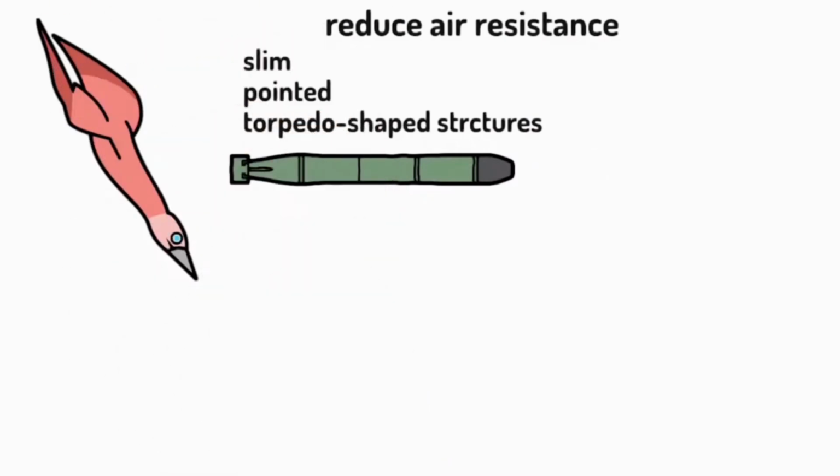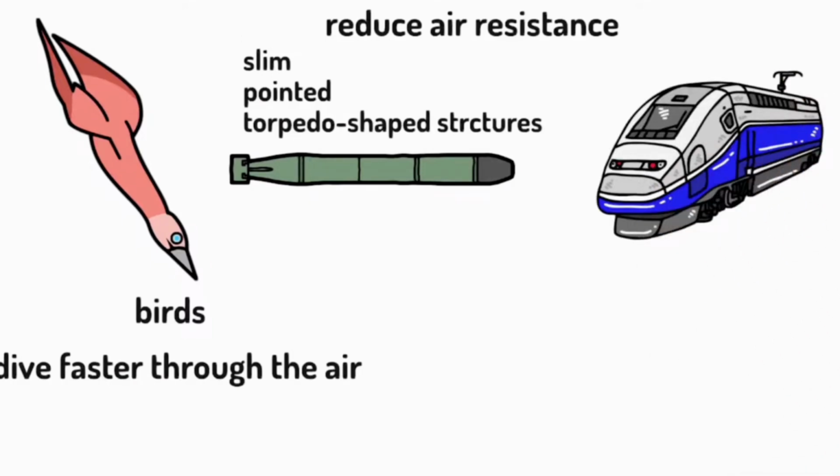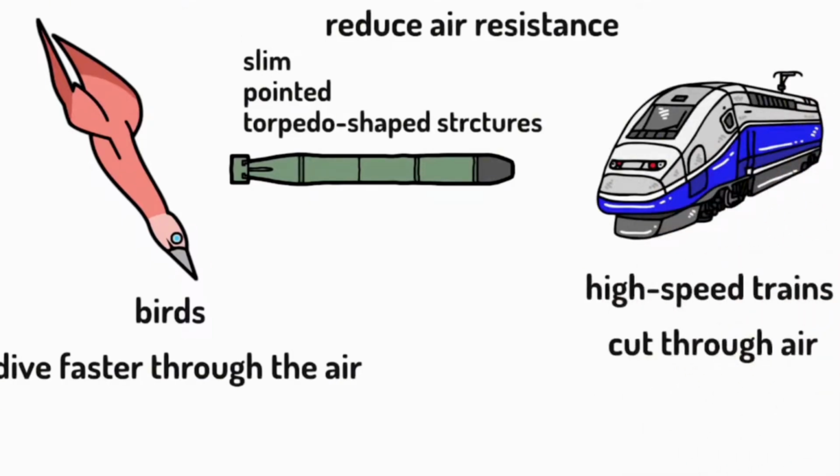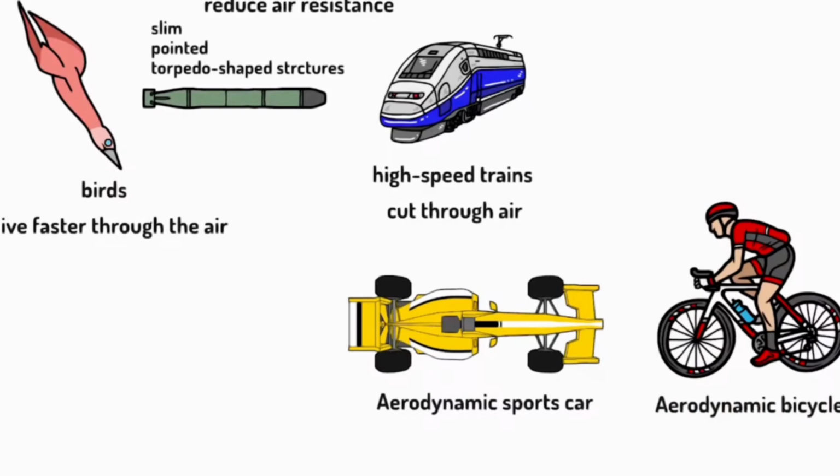This shape is seen in nature when birds tucking their wings to dive faster through the air, or when engineers make high-speed trains that can cut through air easily. Aerodynamic sports cars and bicycles also have this torpedo shape, and this makes it harder for air resistance to slow things down.